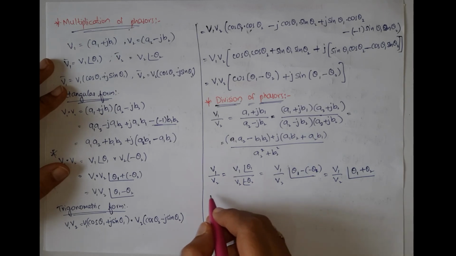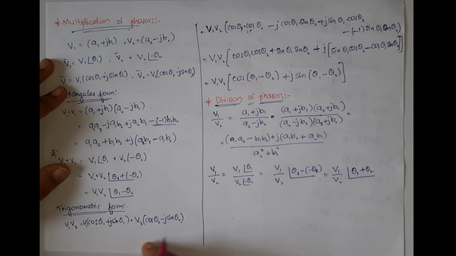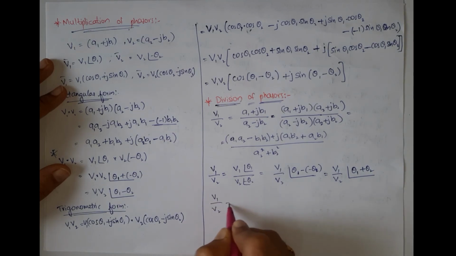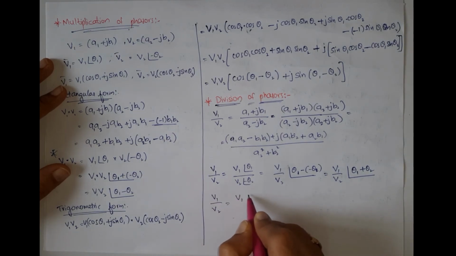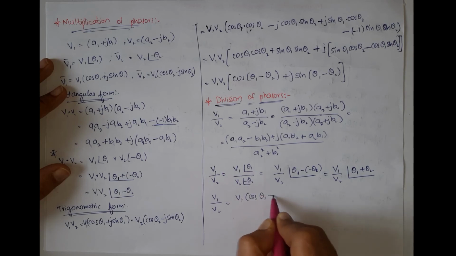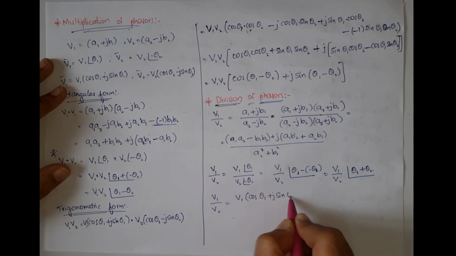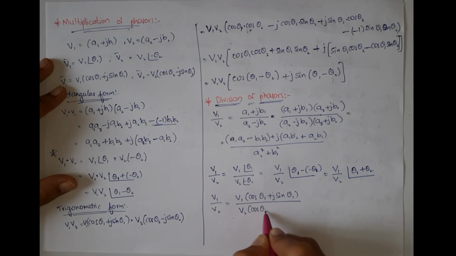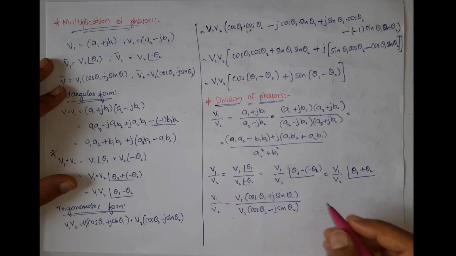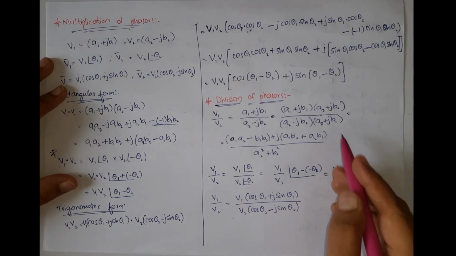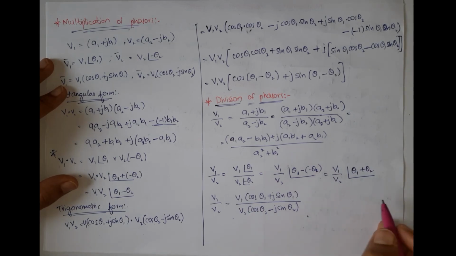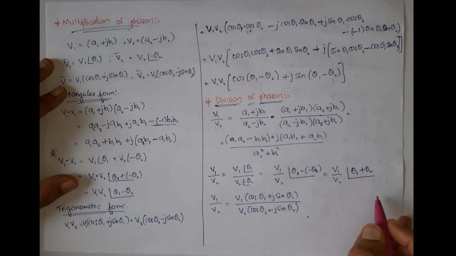Coming to trigonometric form, if you observe, like the multiplication form, it is also very complex. That is V1 by V2, if you have to calculate, V1 cos theta 1 plus J sin theta 1 by V2 into cos theta 2 minus J sin theta 2, right? Again, same as in the rectangular form, take the complex conjugate, multiply both numerator and denominator with it, and if you go on simplifying, you'll get the answer.